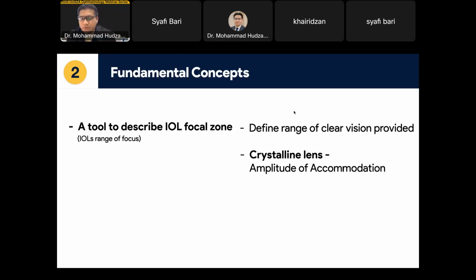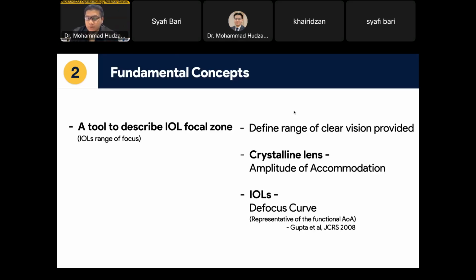In the case of a patient without any intraocular lens, a patient with a natural crystalline lens, we already have that tool, which is the amplitude of accommodation. However, for intraocular lens, we require a defocus curve because it is proven that defocus curve is a good representation of the functional amplitude of accommodation in a patient with an intraocular lens.